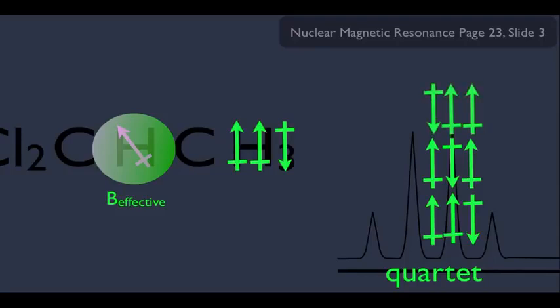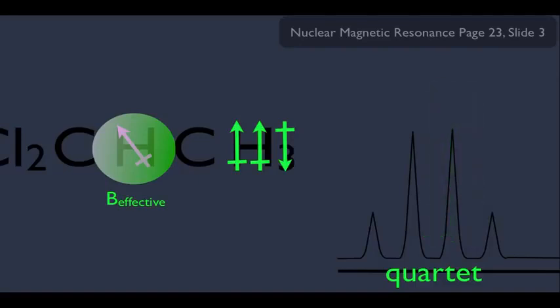The two right hydrogens are up and the leftmost one is down. All three of these possibilities create the same magnetic environment. And since there's three possibilities for this situation, and only one possibility for the first peak we looked at, that's why when we look at the NMR at a quartet, the ratio is always going to be 1 to 3. Or we can say the relative heights are going to be a 1 to 3 ratio.